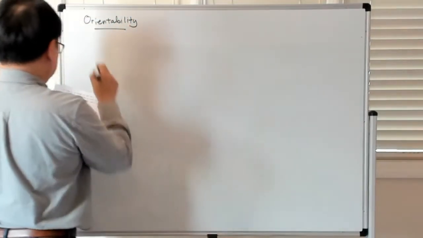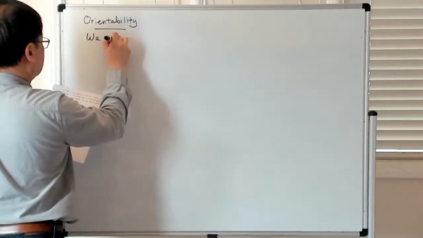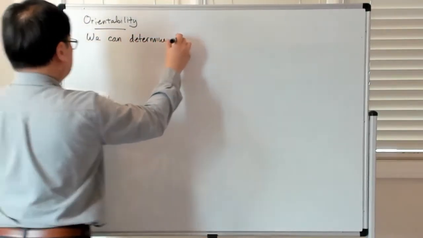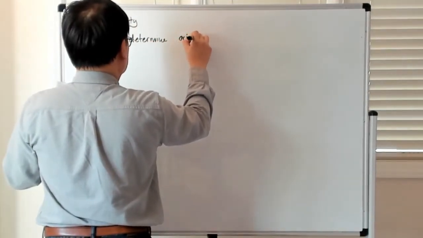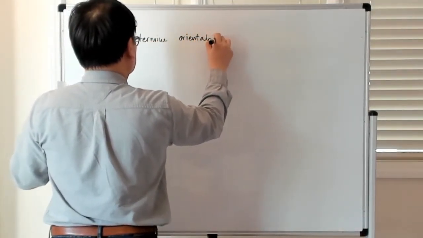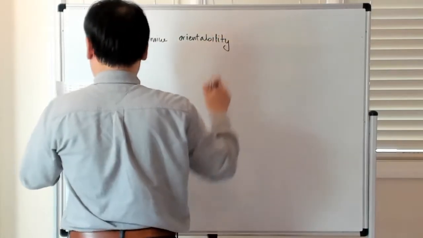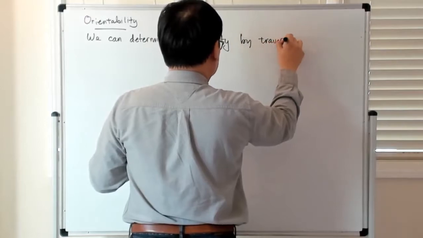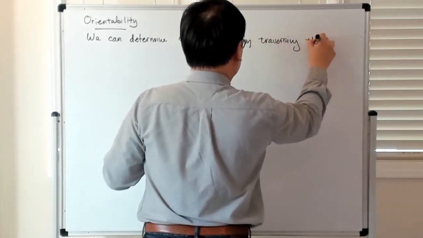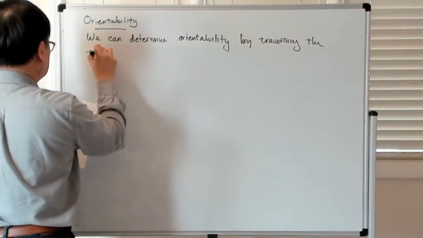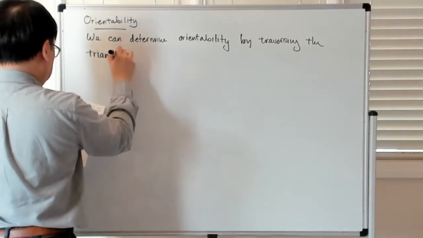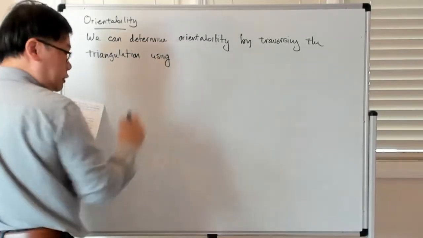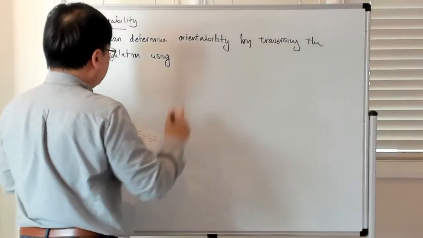Okay, so we can determine orientability by sort of traversing the triangulation using this depth-first search algorithm which we talked about.